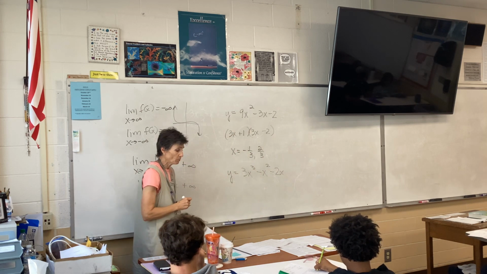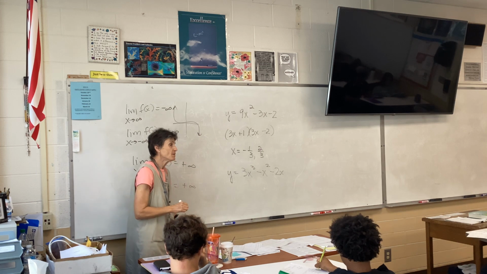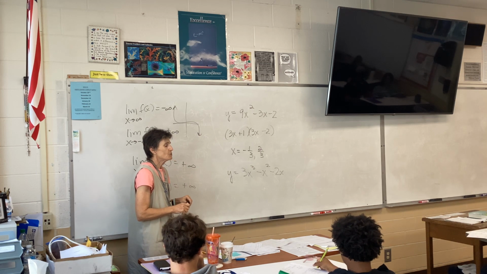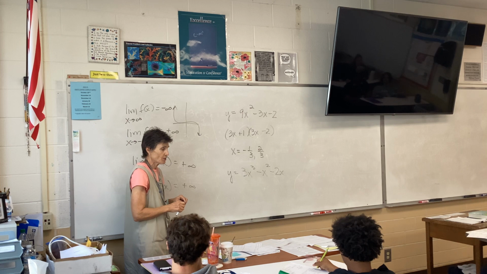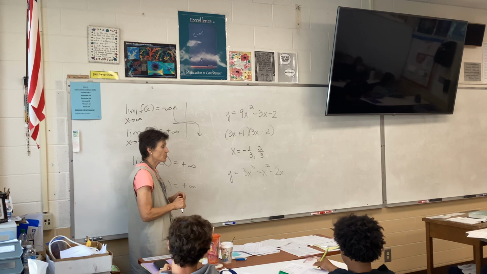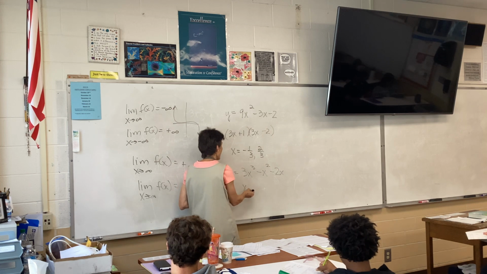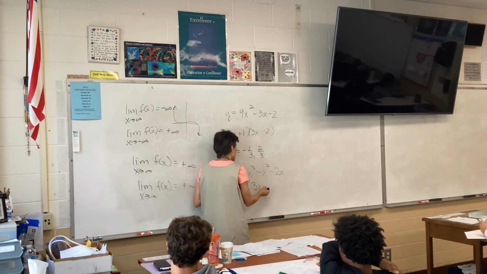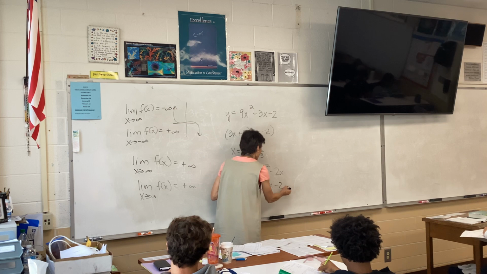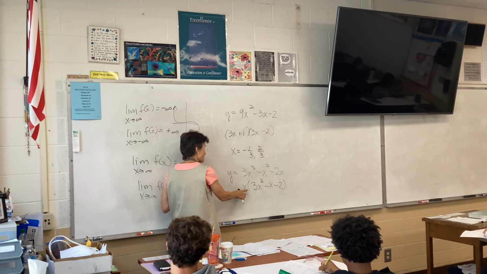This one's super simple too, because even though it's a cube, do not use the quadratic formula on a cube. Even though it's a cube, what do you notice about it? You can take out an x and turn it into a quadratic. Now, what does this mean, the fact that you can take out an x? x equals zero.